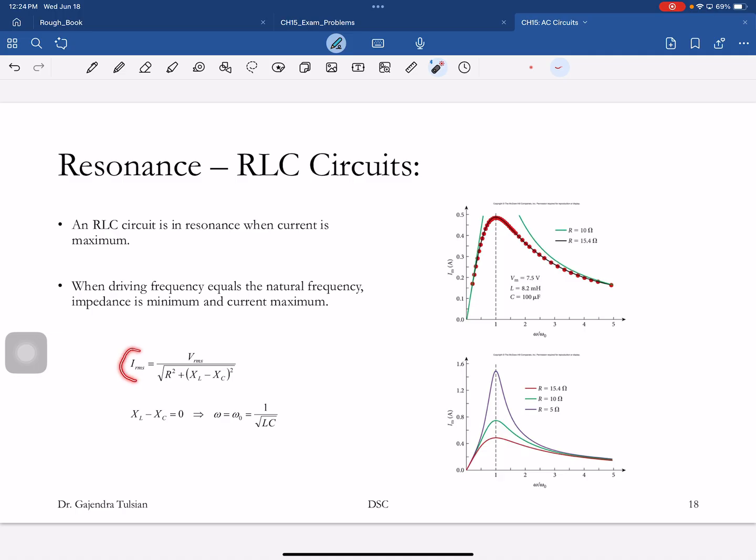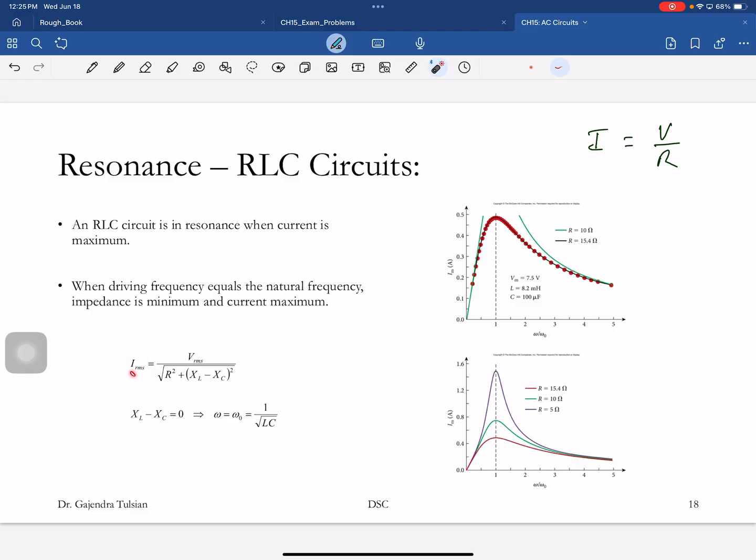All right, so in a DC circuit, I is V over R. So this can be generalized. I max or IRMS is VRMS divided by Z for the circuit, where R gets replaced by Z. So there's the amplitude of the current, well, the RMS value of the current.